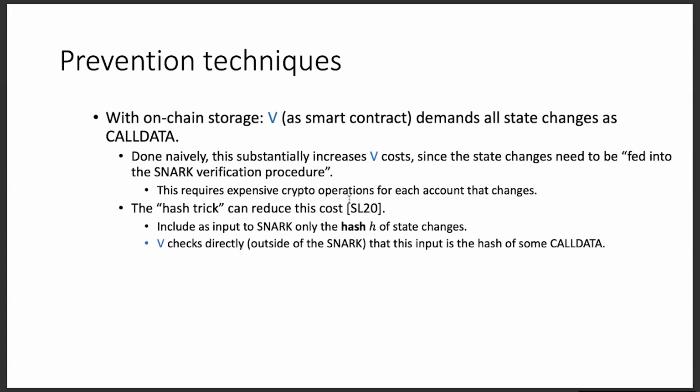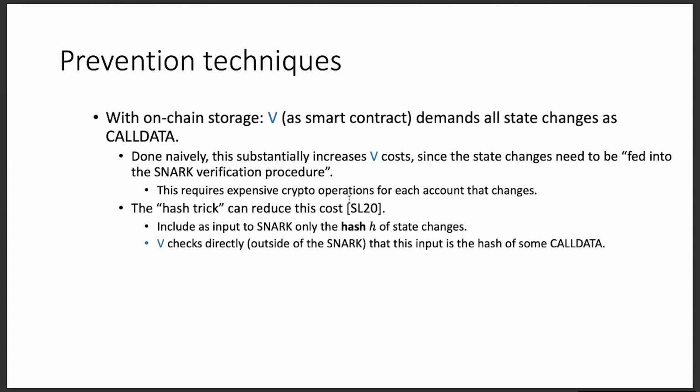So this is cryptography's hash trick, not like machine learning's hash trick. What you do is rather than having the whole call data be public input to the verifier, where public input means both the verifier and the prover know it, you only make a hash of the call data available to the verifier.